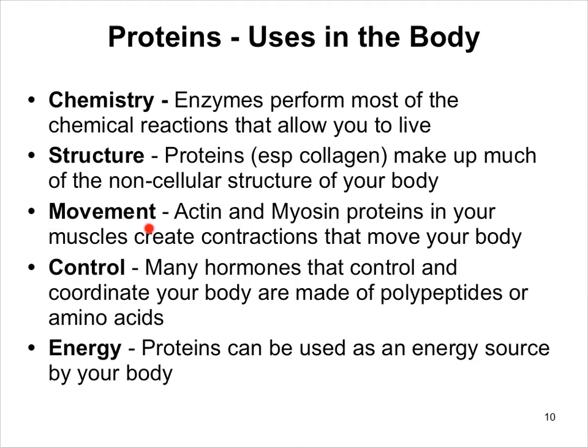Movement, all right? When you move your body around, it's your muscles that move your body around, and you've probably heard that muscles are very protein-rich structures. Specifically, they contain enzyme and structural proteins called actin and myosin, which we will talk about a lot when we talk about muscles, but to give you the brief version, these are what are going to move and cause your muscles to contract.